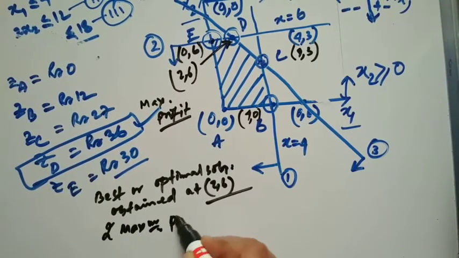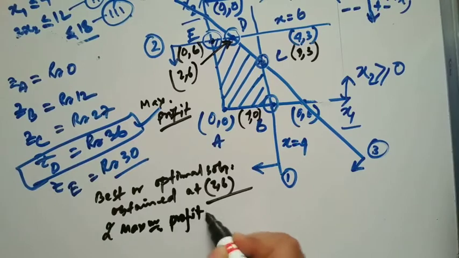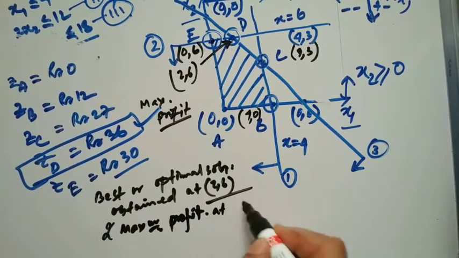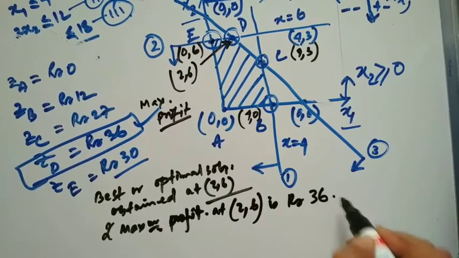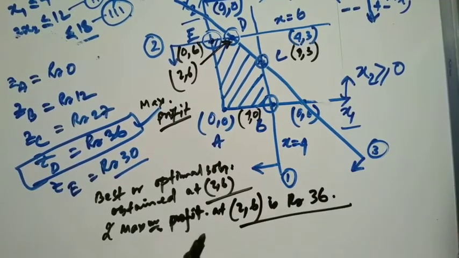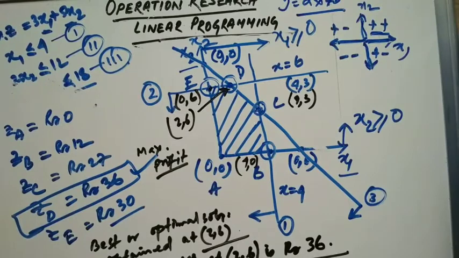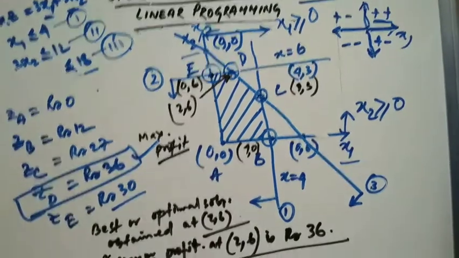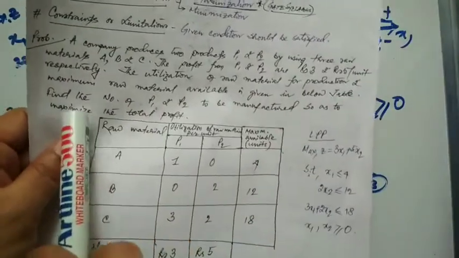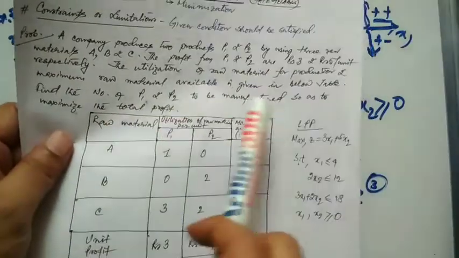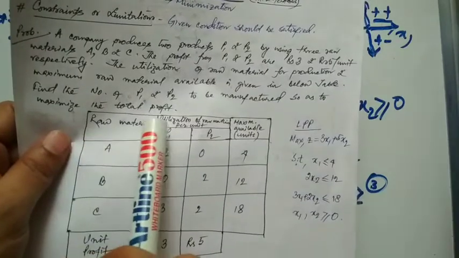at this particular coordinate, 2, 6, is rupees 36. Now one more thing to keep in mind: 2, 6 is the optimal point. What does it signify? Look, we had this problem with P1 and P2, asking to find the number of P1 and P2 to be manufactured so as to maximize the total profit.